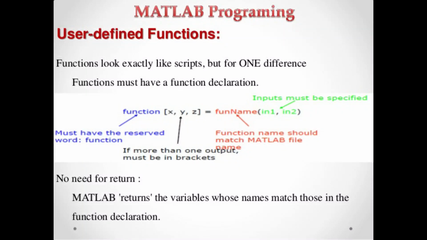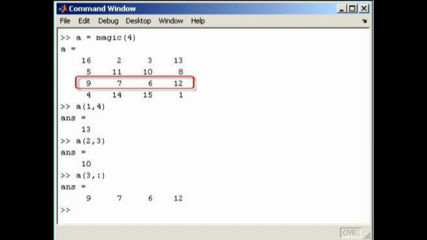Square brackets enclose the array elements, matrices, and also function output. If you declare the function, then the function output is given in the square brackets and the input is given in the round brackets. I told you if you want to write one column vector, then it is like that: A equals 1 semicolon 2 semicolon 3 semicolon 4 semicolon 5.